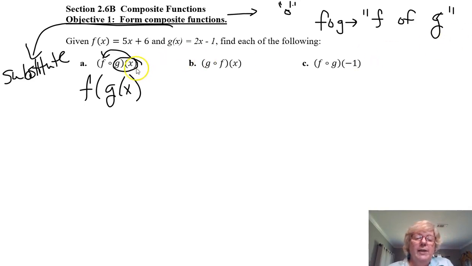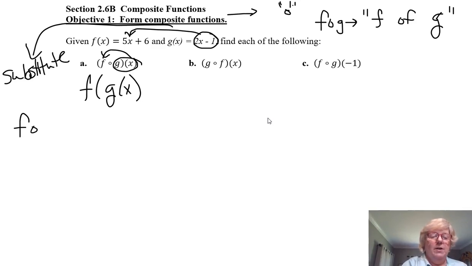So whatever letter is written last, written second here, that's the function that gets plugged into the first one. So in our case, A, I would take these terms and I would substitute into the X in the first F function. So F of G of X is going to look like this.